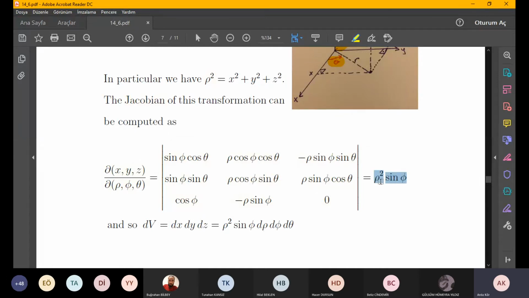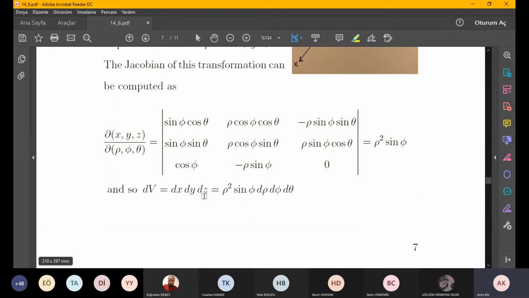And if you compute that determinant, you will get rho square times sine phi. So this will let us get dV as rho square sine phi d rho d phi d theta in spherical coordinates.